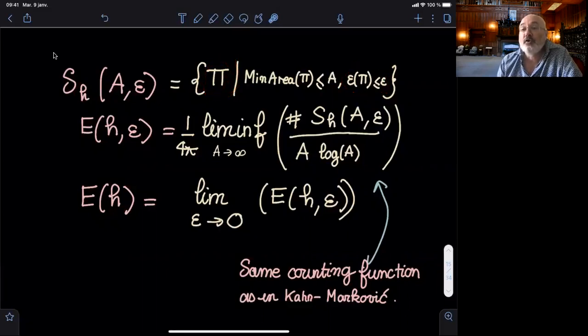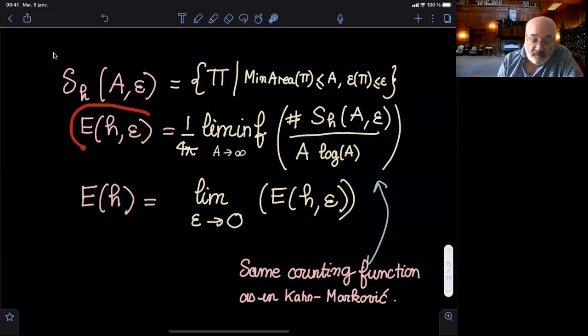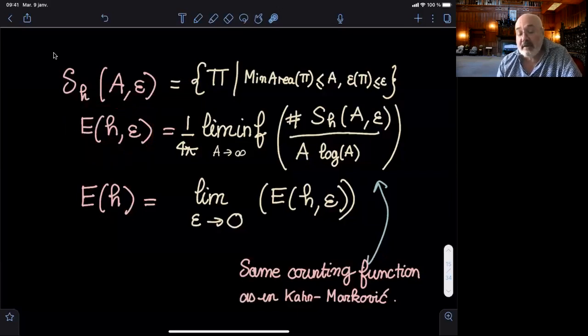Right? So you don't count all surface groups, you only count those surface groups that are 1 plus epsilon quasi-Fuchsian in some way. Now, the next thing you do is you play the same game as computing the asymptotic. And now that's the same counting function that we used. Oh, sorry, I missed the log.